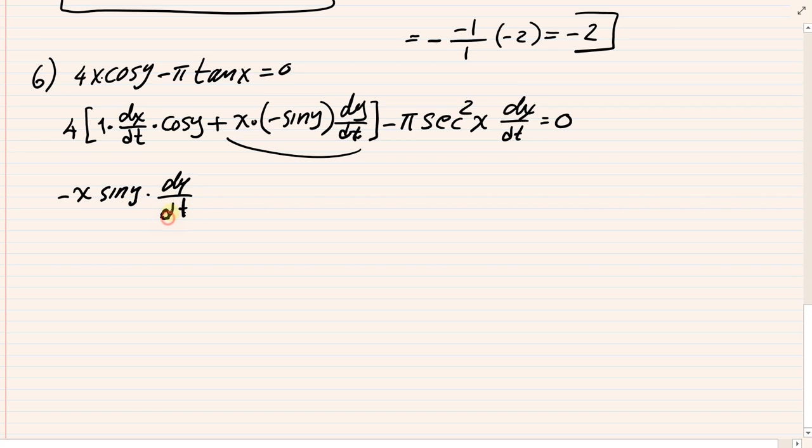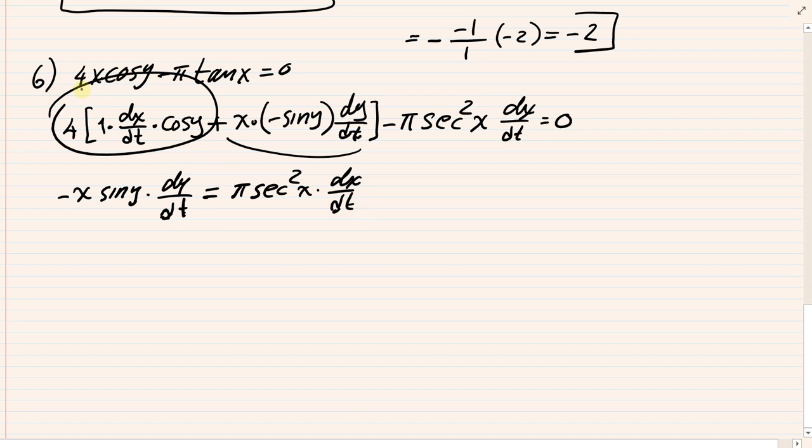Okay, for this one. And equal, let's take those to the other side. So pi secant squared goes to the other side. It becomes a positive. Oh, yeah, it's going to become positive pi secant squared x dx dt.